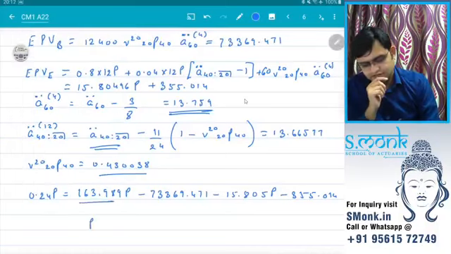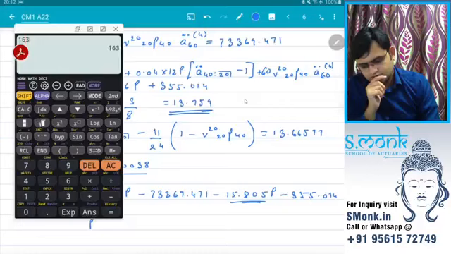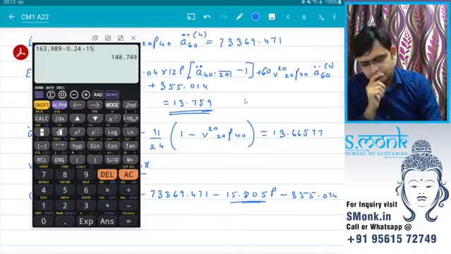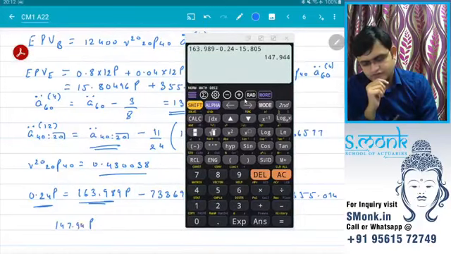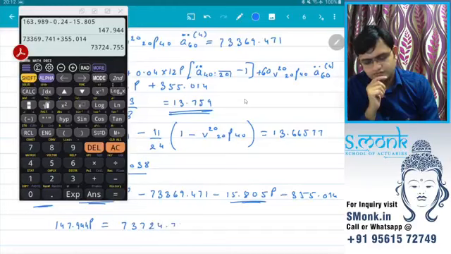So we will have 163.989 minus 0.24 minus 15.805, which is 147.944, equal to 73369.471 plus 3,355.014.